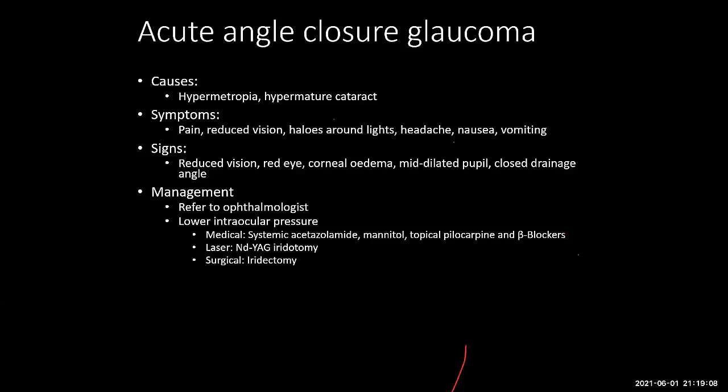So we remove the lens when everything fails and put an intraocular lens inside. That also helps in management of resistant angle closure glaucoma. So the important take-home message is that if you have any suspicion about angle closure, please do refer them to the eye department.